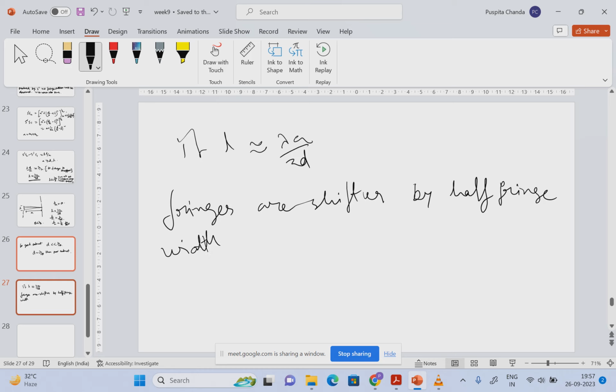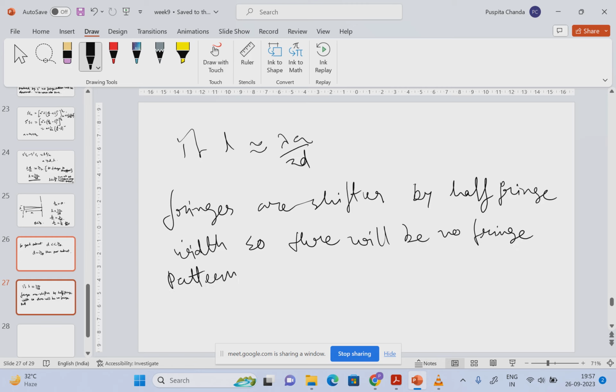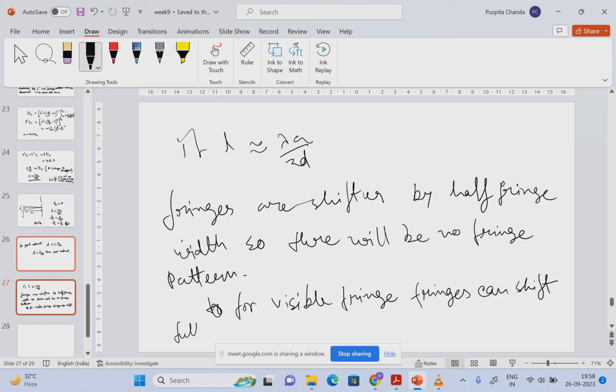So there will be no fringe pattern. For visible fringes, the fringes can shift at most a full fringe width.